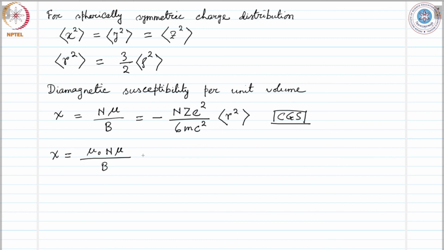This equals minus mu naught n Z e squared over 6m times the average of r squared in SI units. And this is the classical Langevin result.